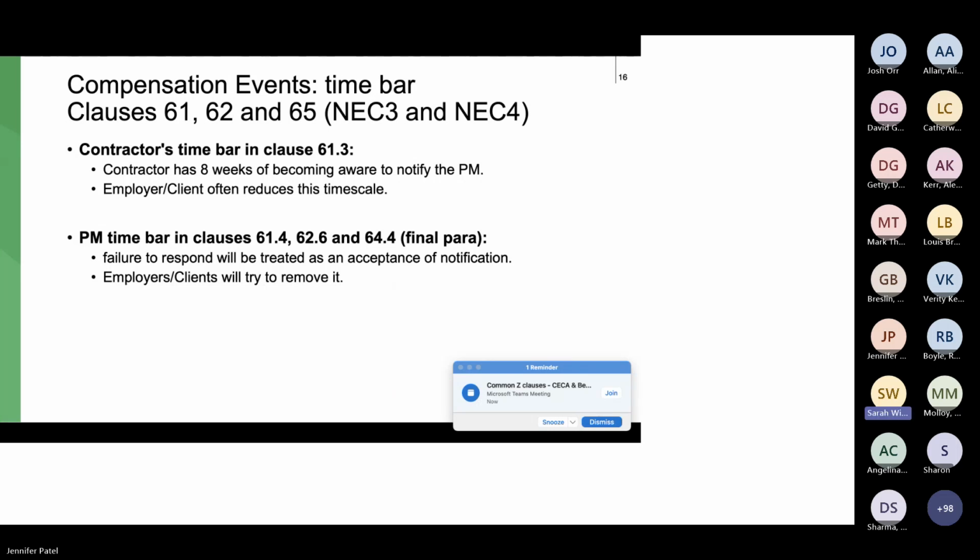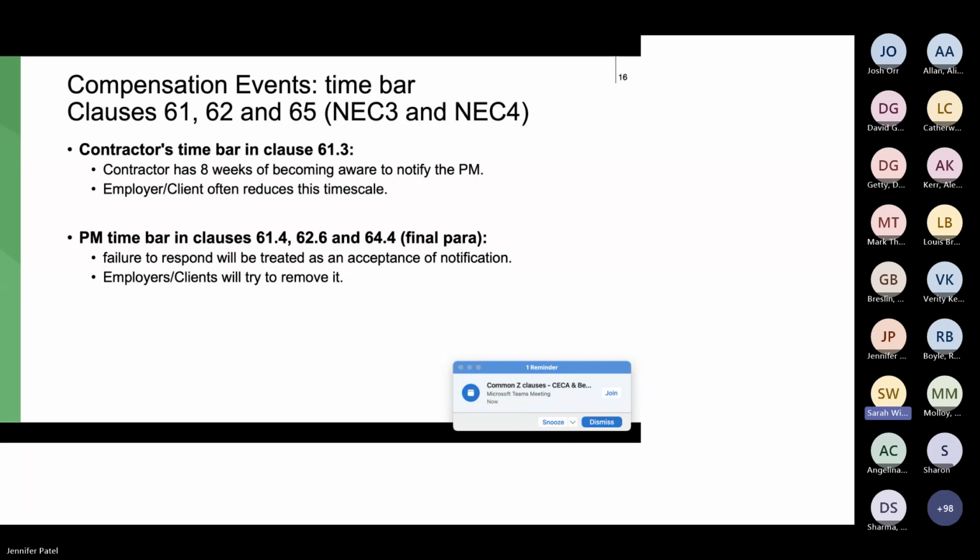Another reason why that situation shouldn't just be accepted because it's JCT, so we'll import it into NEC, is that we have some quite harsh time limits under NEC for notifying compensation events. That's clause 61.3. I'm sure you know about this.